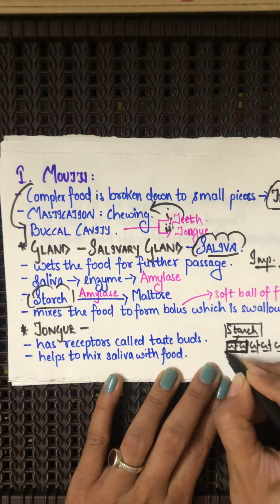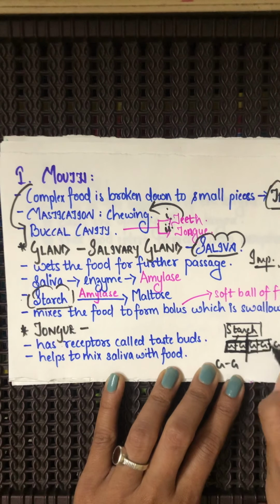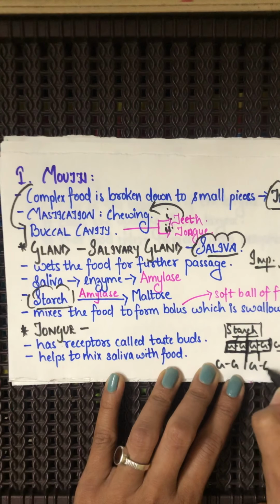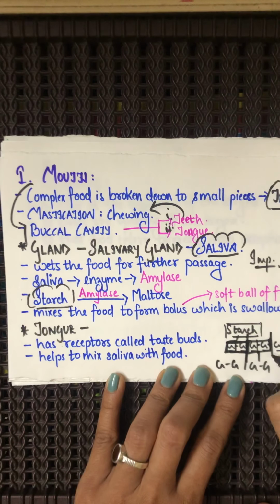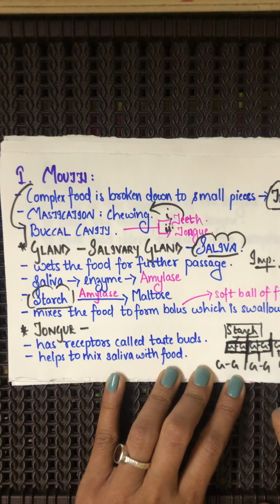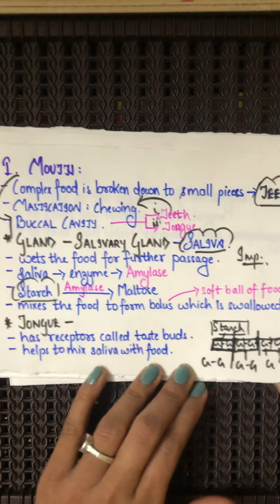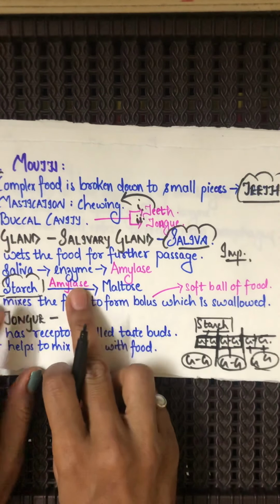Maltose, as in the starch is broken down into glucose and glucose, again glucose and glucose. Do you understand this? That is two molecules of glucose, which is termed maltose.